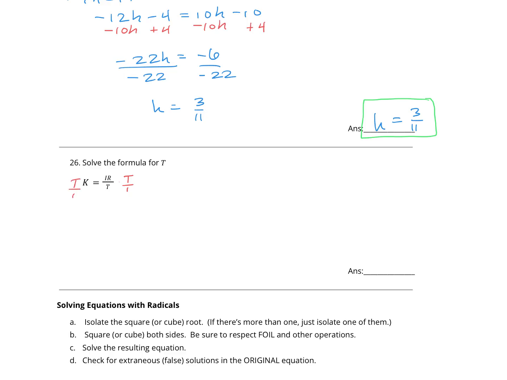Doing that, I will get t times k equals I times r. And then to get the t alone, just divide both sides by capital K. And I get t is equal to I times r over k. And that is solved because I have now isolated the t for this equation.